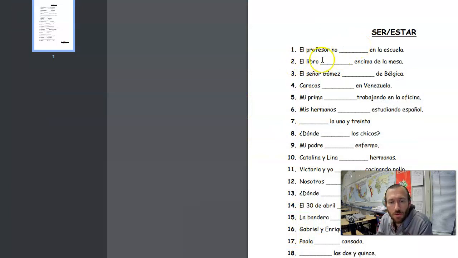Number 2, el libro blank encima de la mesa. Encima might not be a word you're familiar with. You could throw that in the dictionary and you'd find that encima means on top of. Mesa, you probably remember from Spanish 1, and we talked about it in the beginning of the year. Mesa is a table. So the book is on top of the table. Encima is our context clue.